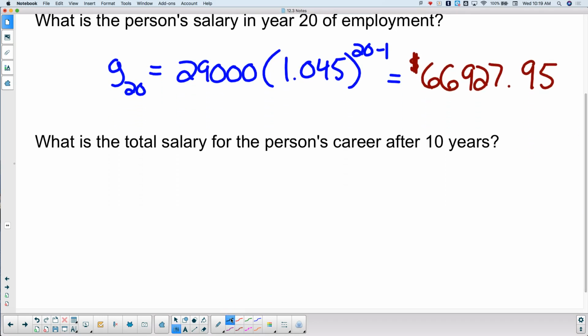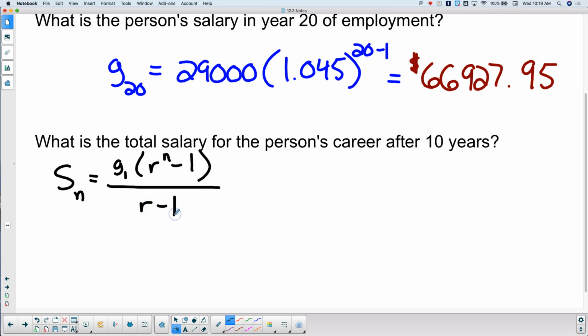So if I'm going to use the sum problem, I'm going to use probably the easiest one to use. Actually, let me switch this back to n. S sub n is going to be G sub 1 times r to the n power, then minus 1, all over r minus 1.